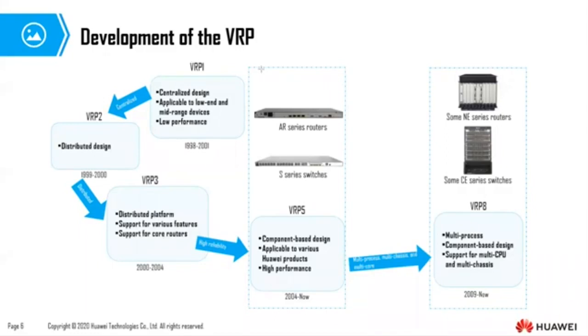You might need to look at the VRP version that particular device is running. Currently, the AR series routers and S series switches are running VRP version 5, while VRP version 8 is for mostly the data center series routers and switches.